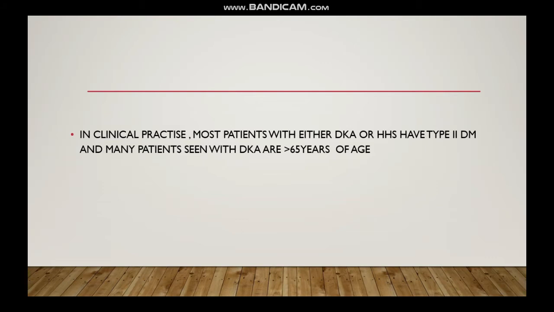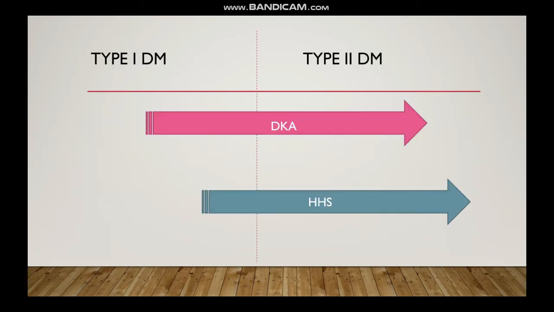So we cannot really say DKA or HHS based on age or the type of diabetes. This slide clarifies it: DKA starts very early in type 1 diabetes mellitus, and HHS starts late in type 1 diabetes mellitus, but both go side by side in type 2 diabetes mellitus.